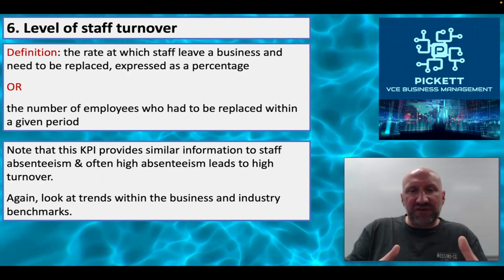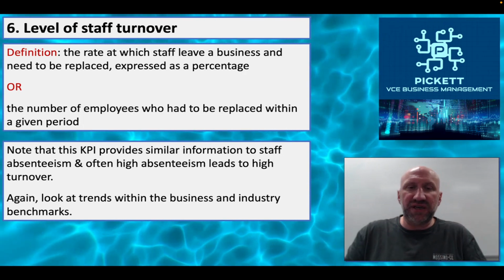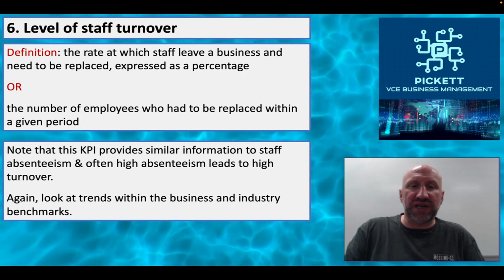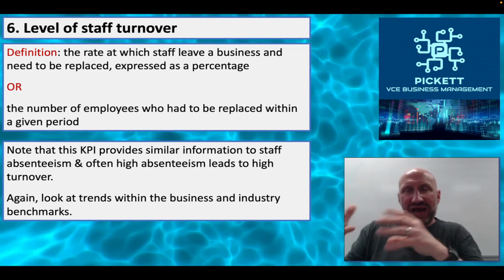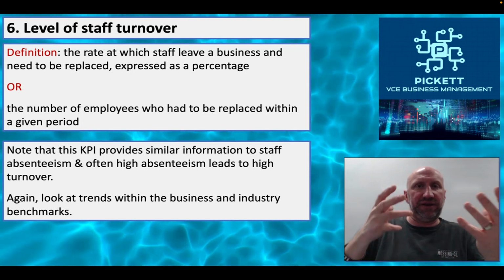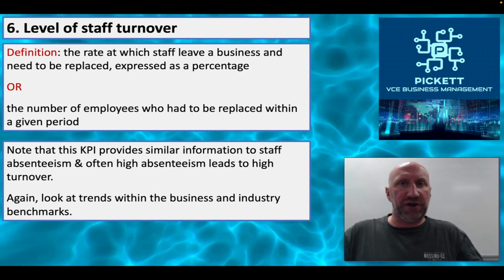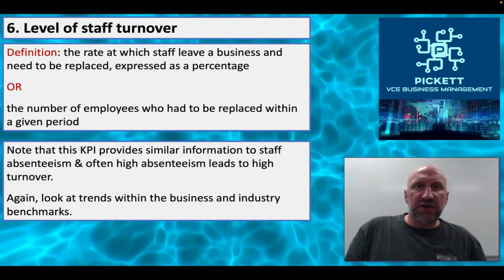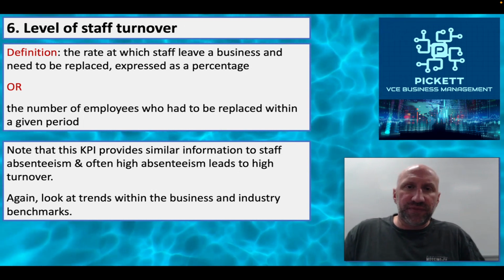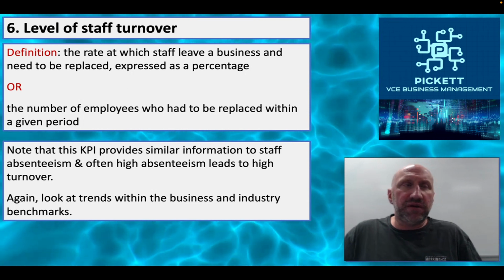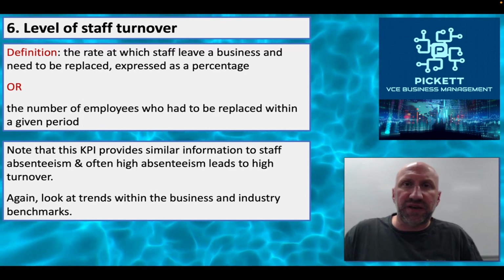And again, for that reason, you need to look at trends within your business. Is it increasing, decreasing? But industry benchmarks are also really clear for this one, because turnover in a law firm is naturally going to be much lower than turnover in a McDonald's. So if you're running an office of Clayton Utz and your mate is running a McDonald's restaurant, the manager of Clayton Utz could say my staff turnover is 5%, and the Macca's manager says my turnover is like 40%.